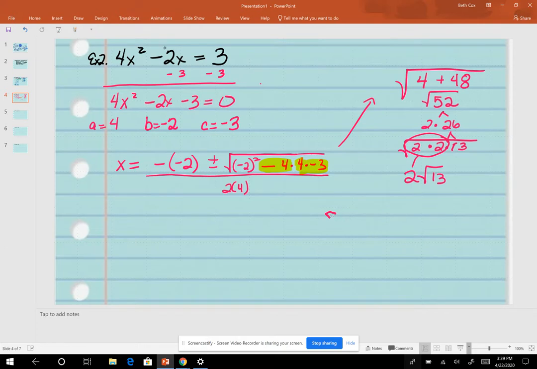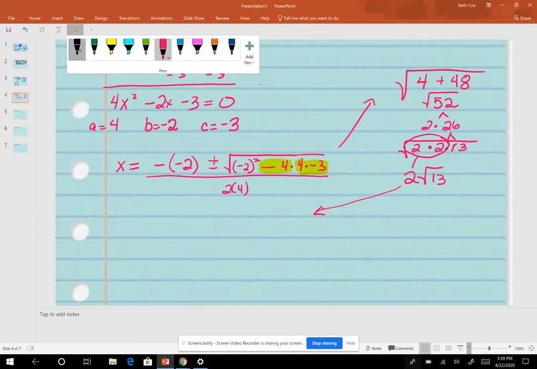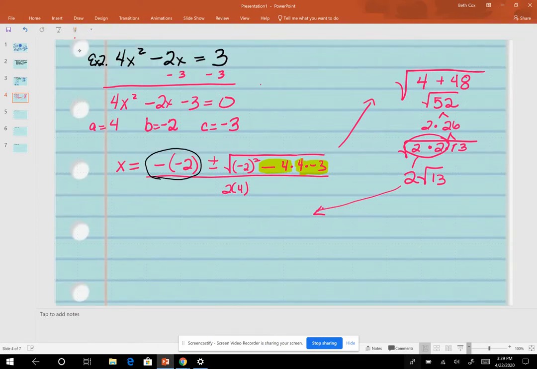So now I'm going to bring that back in to my problem. I have a negative negative 2, so that's a positive 2, plus minus, now my radical, 2 square roots of 13 over 8. I'm going to separate my fractions, so that's 2 over 8 plus minus 2 square roots of 13 over 8, and I'm going to reduce.